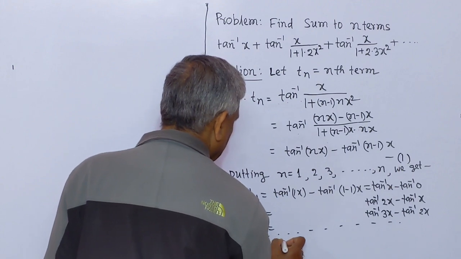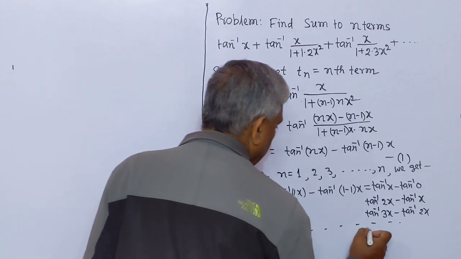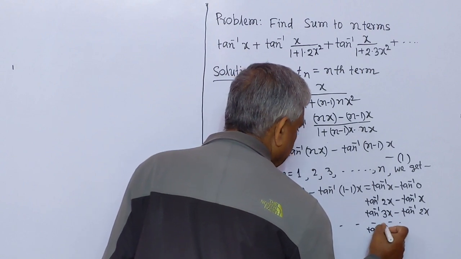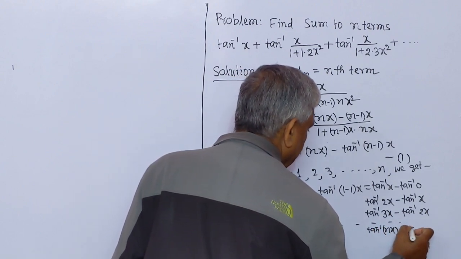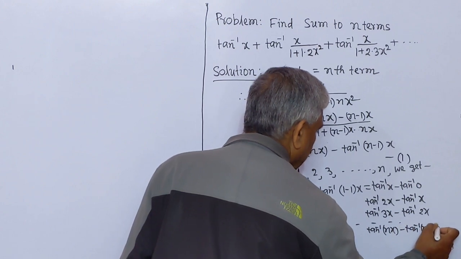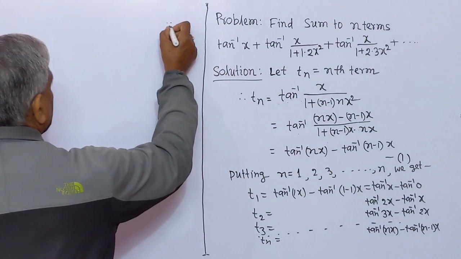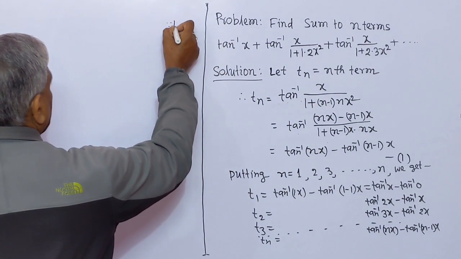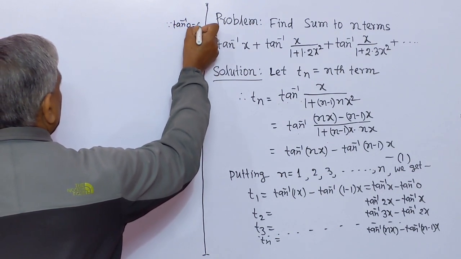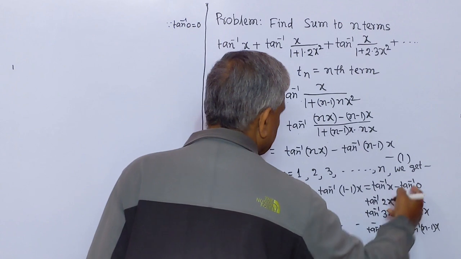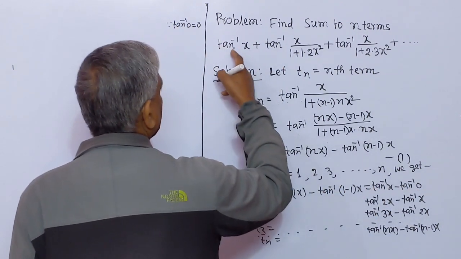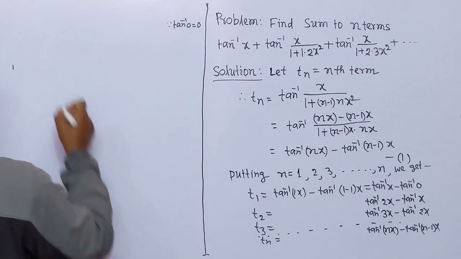Tn equal to tan inverse nx minus tan inverse n minus 1 x. Since tan inverse 0 equal to 0, so T1 equal to tan inverse x.